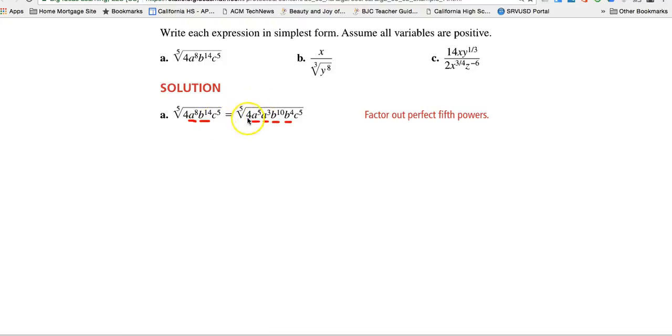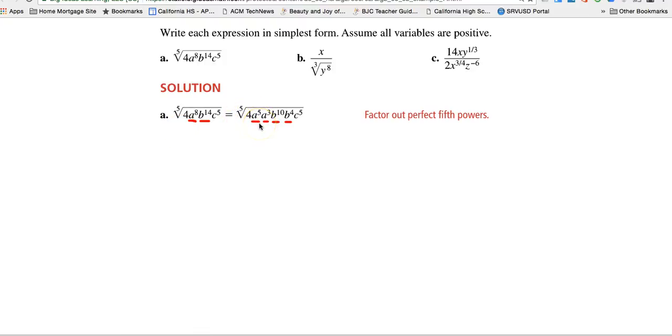The reason we took out the a to the 5th and the b to the 10th is that those are the largest perfect fifth powers from that variable. So a to the 8th, there aren't 10 a's, so we can't take out a to the 10th, so a to the 5th is the largest fifth power we can take out.